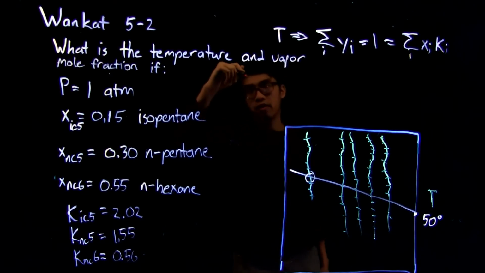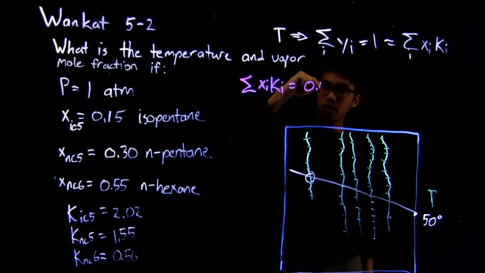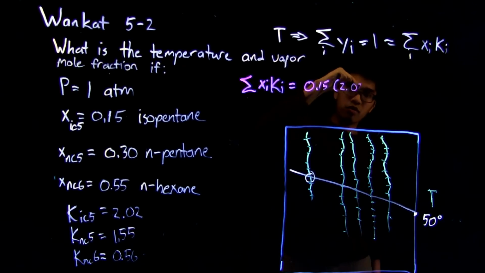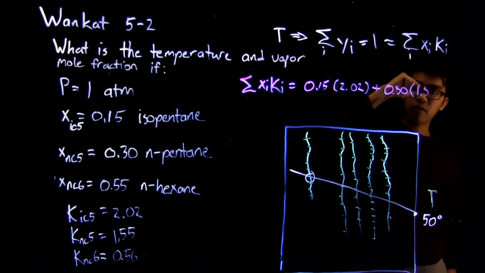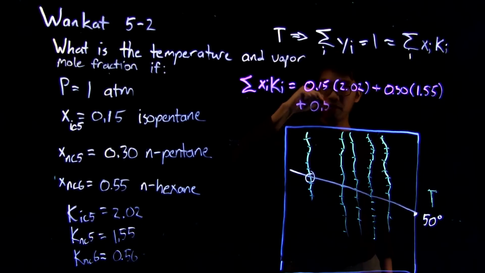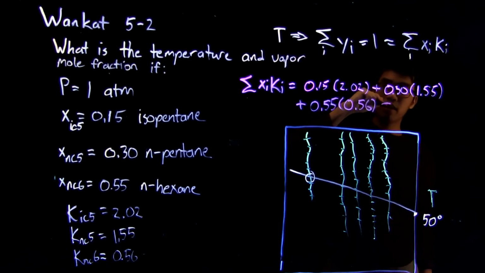So we have 0.15 times 2.02, 0.30 times 1.55, 0.55 times 0.56, and all that is equal to 1.076.